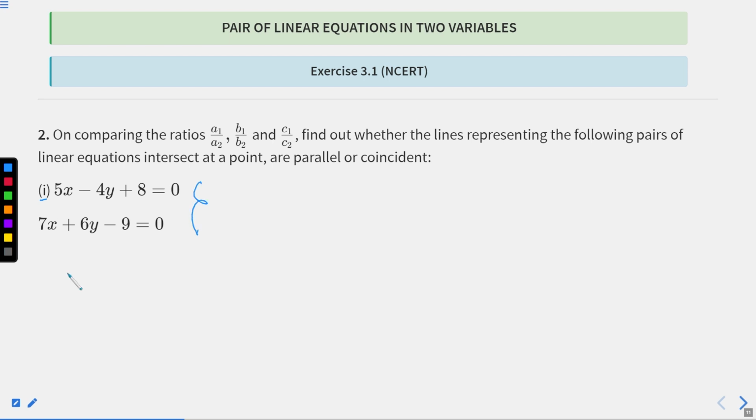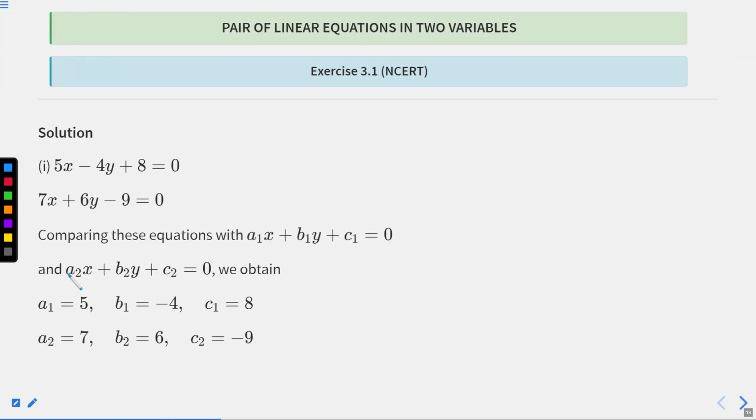If we compare these with the pair a1x plus b1y plus c1 is equal to 0, and a2x plus b2y plus c2 is equal to 0, then we obtain a1 is 5, b1 is minus 4, and c1 is 8. And a2 is 7, b2 is 6, and c2 is minus 9.